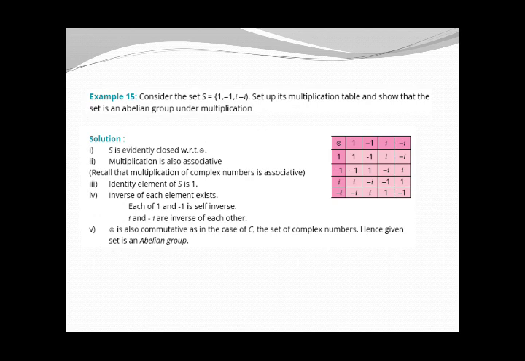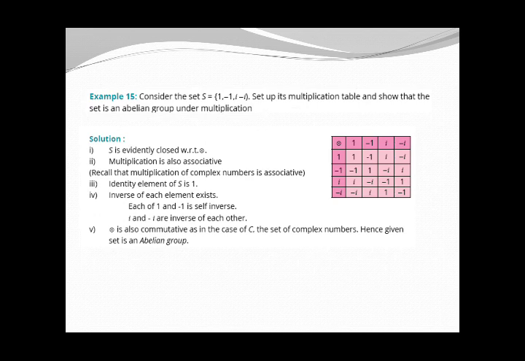In the first line we multiply 1 with all these numbers, then -1, then iota, it becomes iota, minus iota. Iota square is -1, and minus iota square is 1. Then we multiply minus iota with the above 4 numbers, and we get the answer.